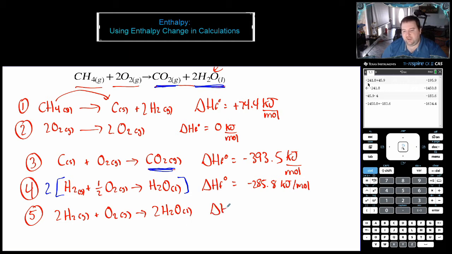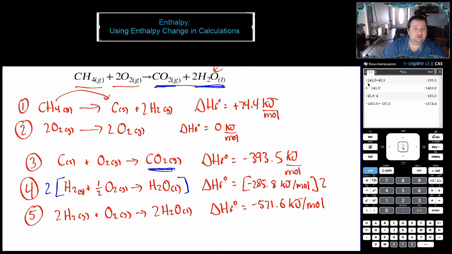And our delta HF for this one is now this multiplied by 2, which is negative 571.6 kilojoules per mole.